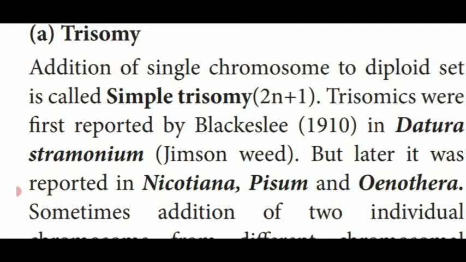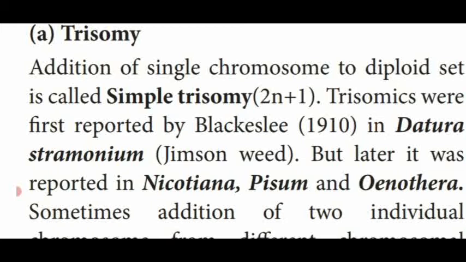Addition of a single chromosome to a diploid set is called simple trisomy. The organism already has a diploid set of chromosomes, and we add one more, a single chromosome. That's why the formula is 2n plus 1. That condition is known as simple trisomy.